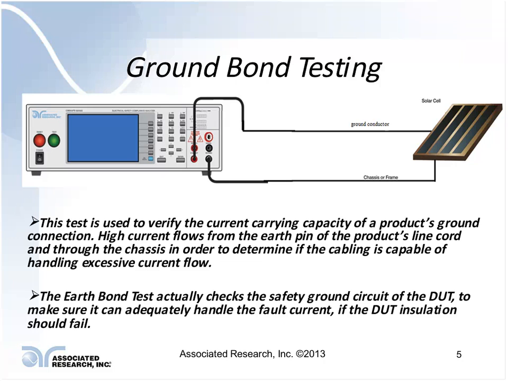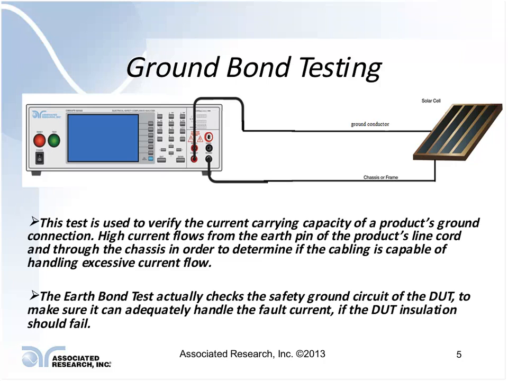So the earth bond test or ground bond test actually checks the safety ground circuit of the DUT to make sure it can adequately handle this fault current if the DUT insulation should fail. Because as a consumer using an electronic product, we really have two main lines of defense here. We have the product insulation, and we have the ground circuit. And if the insulation fails, you better hope you have a solid grounding circuit, because otherwise you might be in trouble.